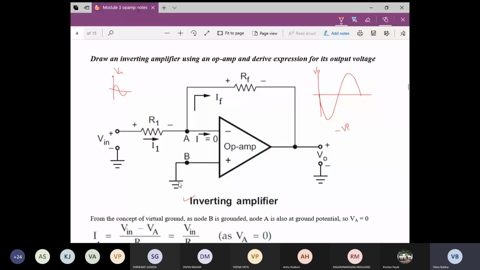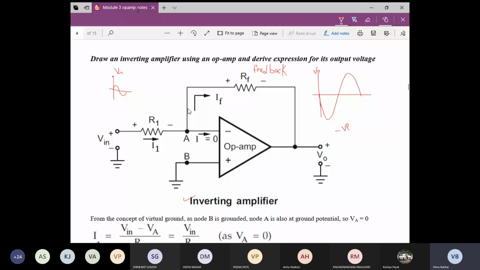There is a resistance RF, which I call a feedback resistance, connected between the inverting terminal and the output terminal. Why do I call it a feedback resistance? Because the output is connected back to the input, so I'm feeding some part of the output back to the input.